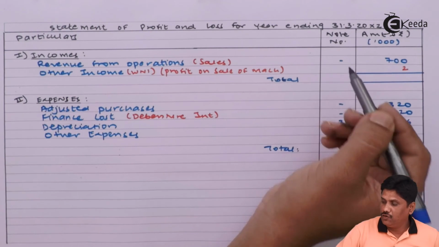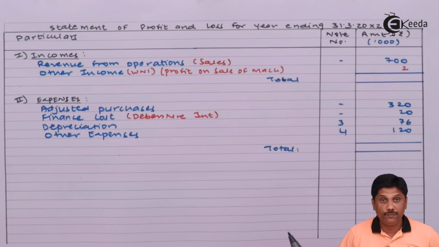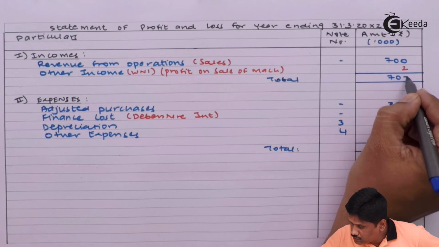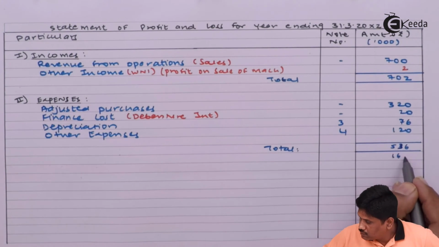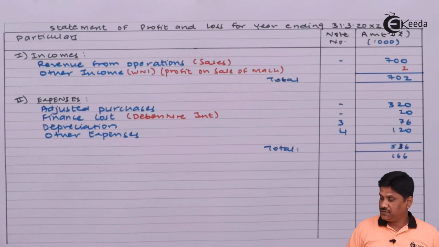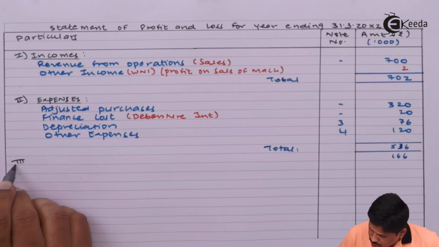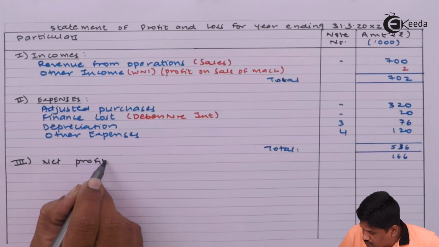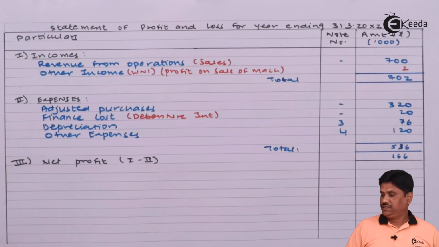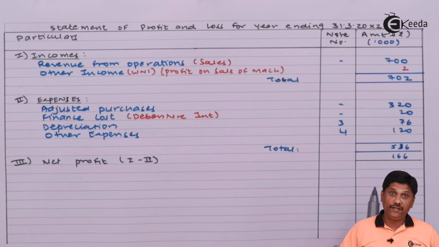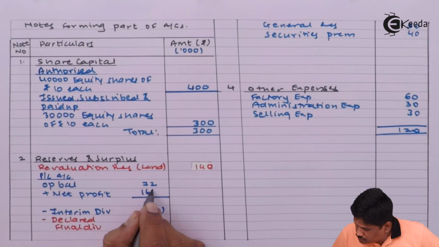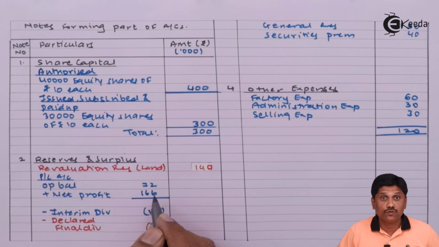Friends, now my P&L account is complete and I can find out my net profit also. Your net profit is 166. 166 net profit I am writing in my reserves and surplus. This total comes to 238.